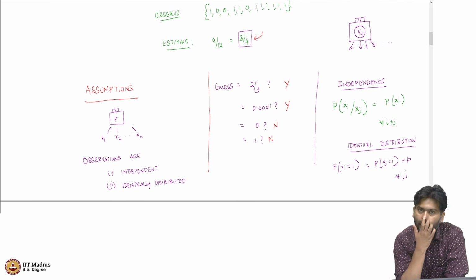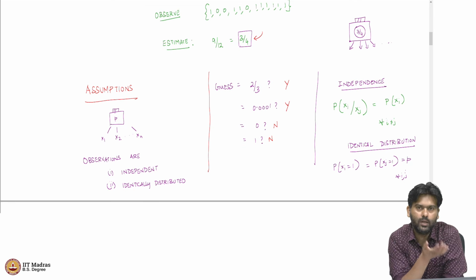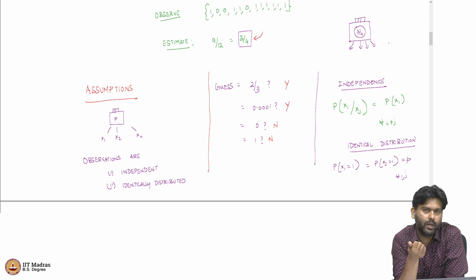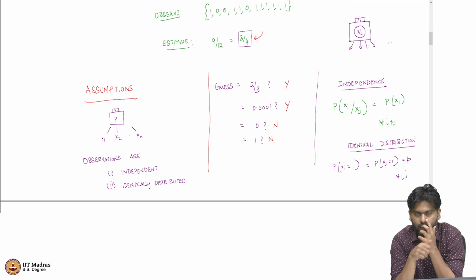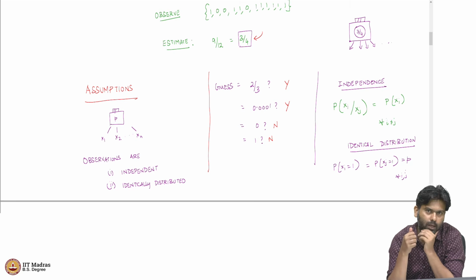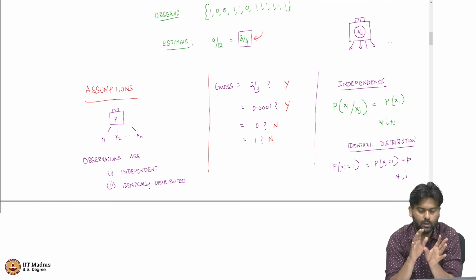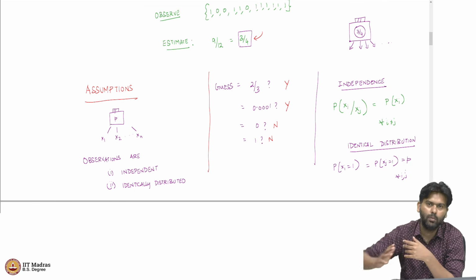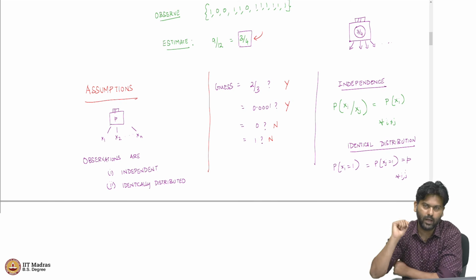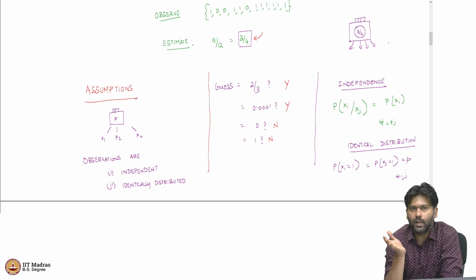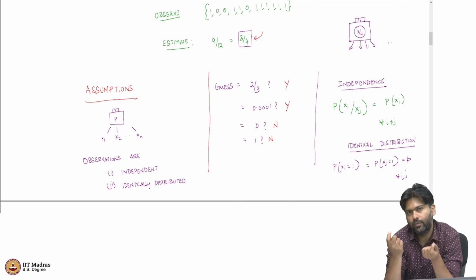In words, it means that we are using the same coin every time. If I tossed the first coin, it fell heads, and in the second toss, I pick a different coin and toss it, these two coin tosses are still independent, because the first toss being head does not tell me how the second coin's toss would be head or tail. But they are not identically distributed, because these two coins might have different biases.